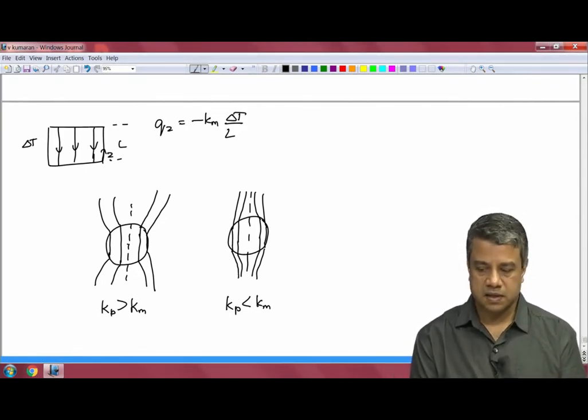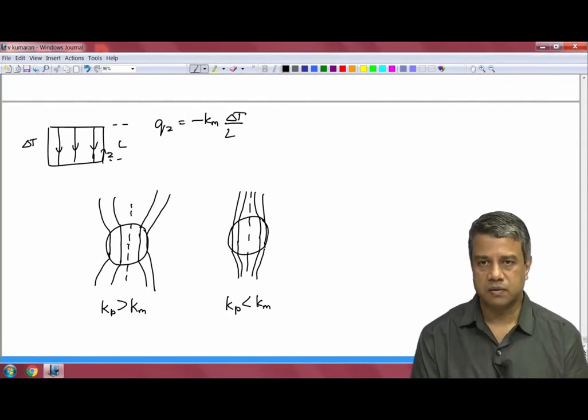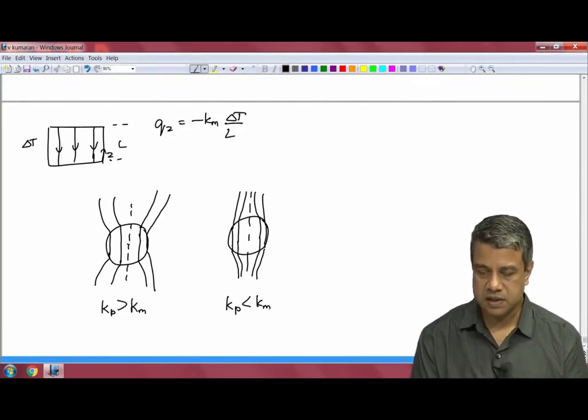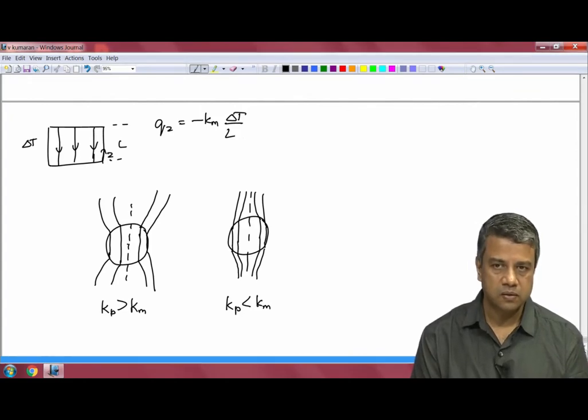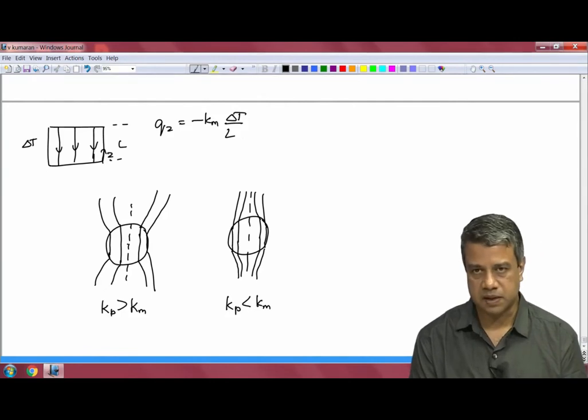In the limit, as the conductivity of the particles goes to 0, there will be no flux, because the particles are perfectly insulating, and therefore, the flux lines will not go through the particles, they will be tangential to the particle surface, as they pass around the particles.